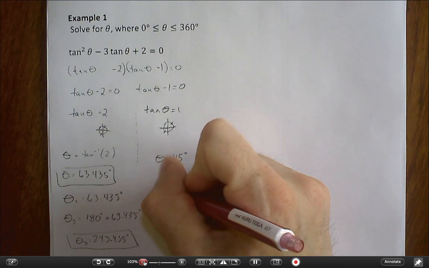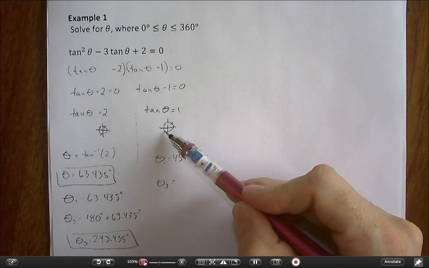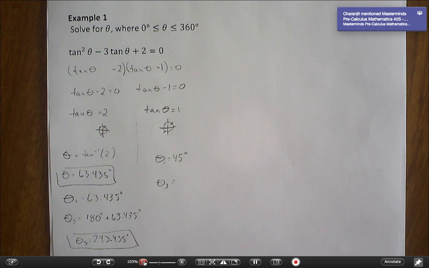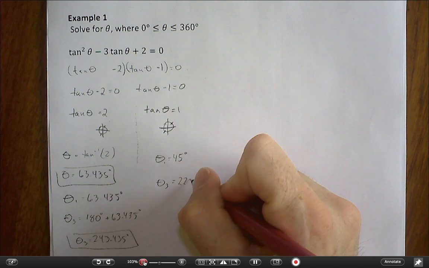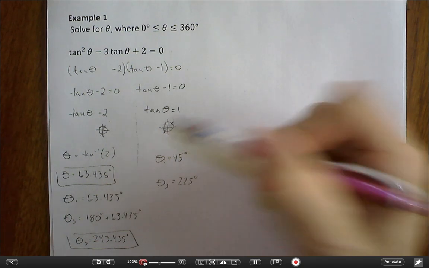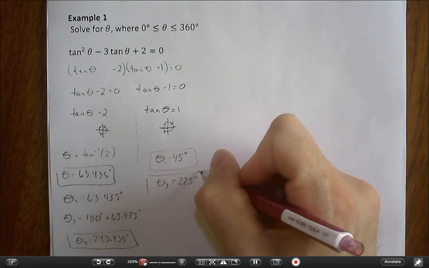So there is another theta 3 angle that can solve this equation. Theta 3 is going to be 180 plus 45 degrees. So I have my 4 solutions here.